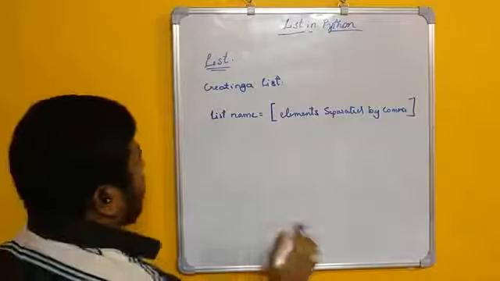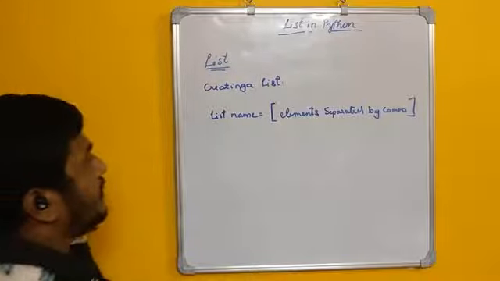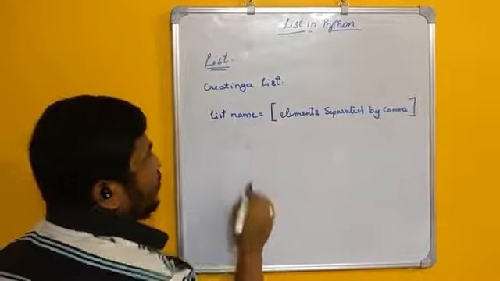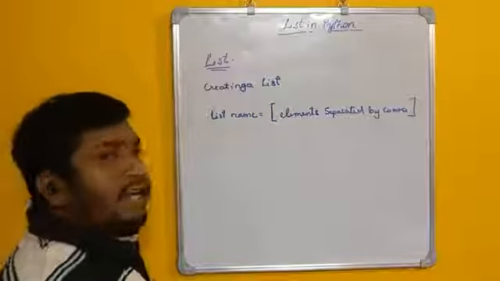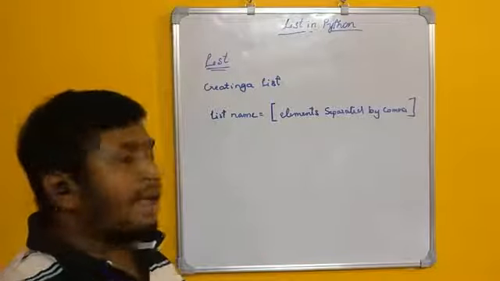So here the syntax for creating a list is list name is equal to square brackets. In that we will write the elements which are separated by comma.